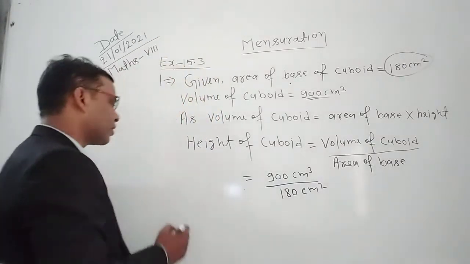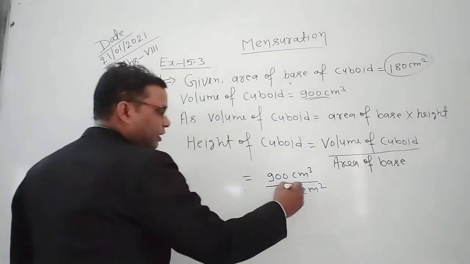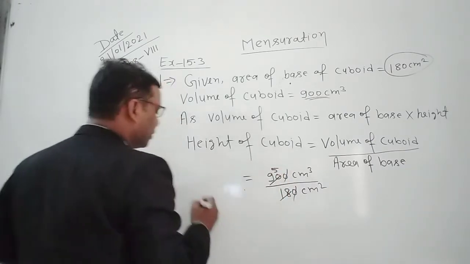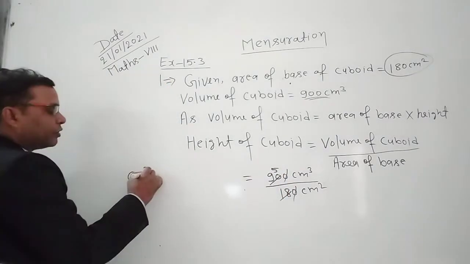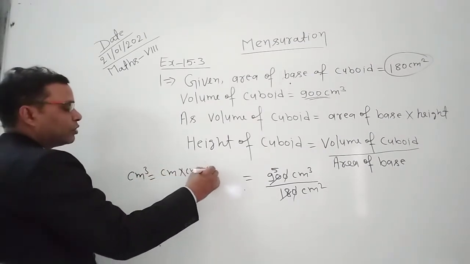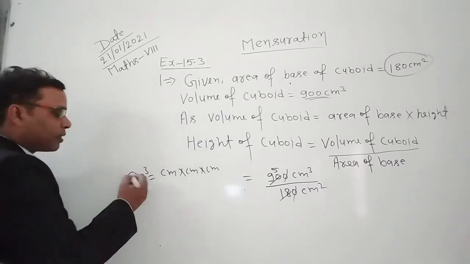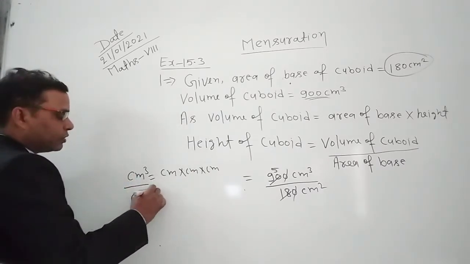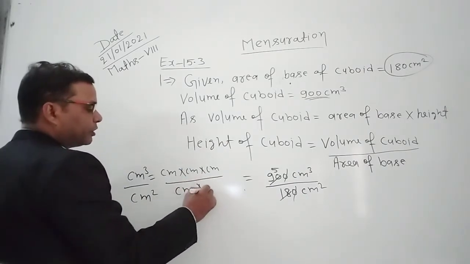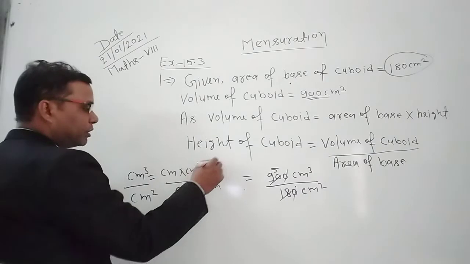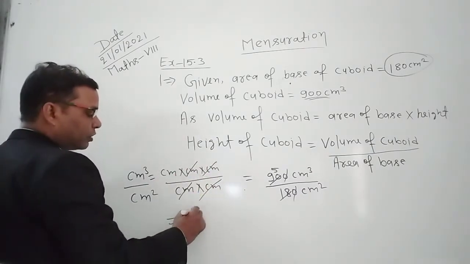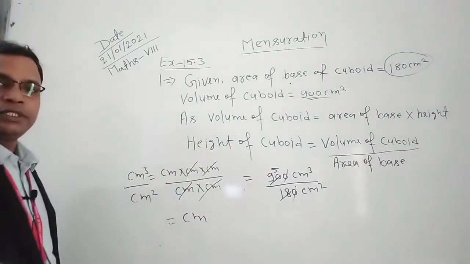So students, you can cancel zero by zero, and 18 fives are 90. Centimeter cube you can write as centimeter into centimeter into centimeter, three times. Divided by centimeter square, it means you can divide by centimeter into centimeter. So centimeter cancels centimeter, and we get only centimeters. This is clear.